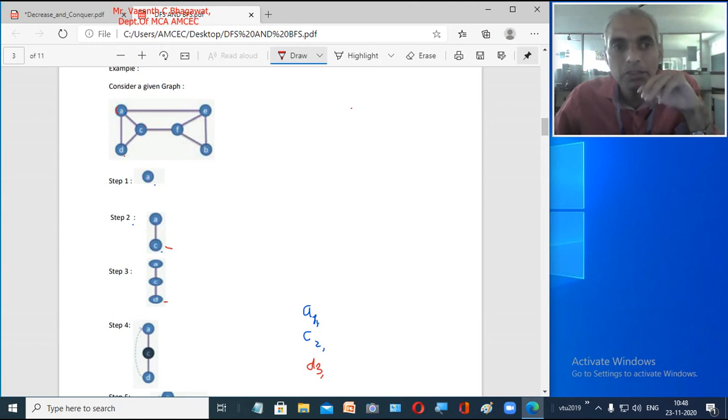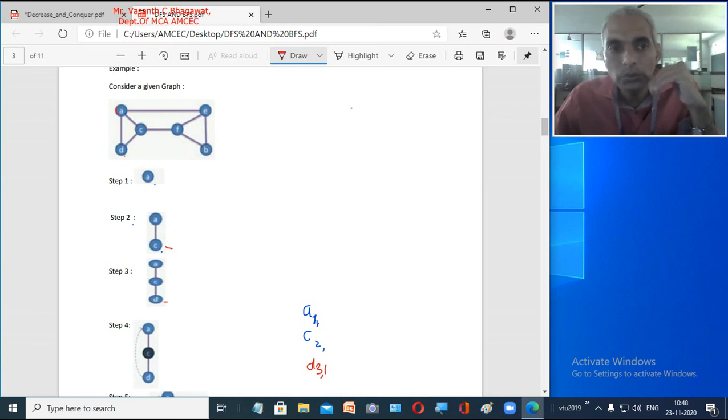Once you have reached a dead end, you have to pop that vertex from our stack. So D is the dead end, so you are going to pop. Here we write that this is the first element coming out of our stack, that is D. So 3 comma 1. Now you remove D from your stack.